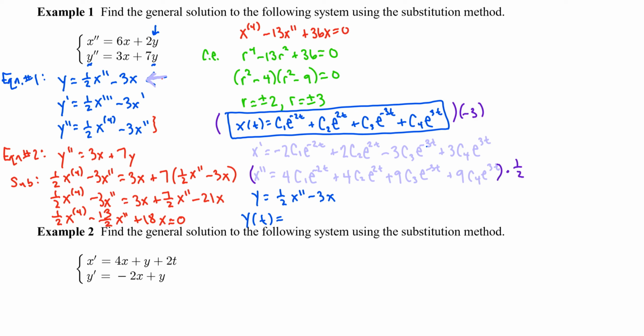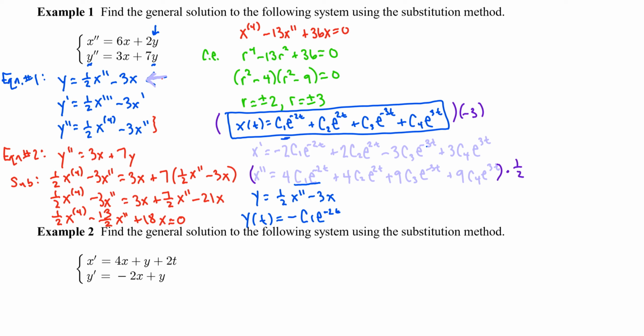So 1/2 times the term from x double prime, that's going to give me 2 c1 e to the negative 2t minus 3 times this term right here. So 2c1 minus 3c1 gives me negative c1 e to the negative 2t.